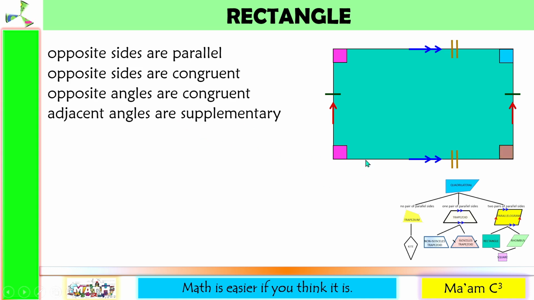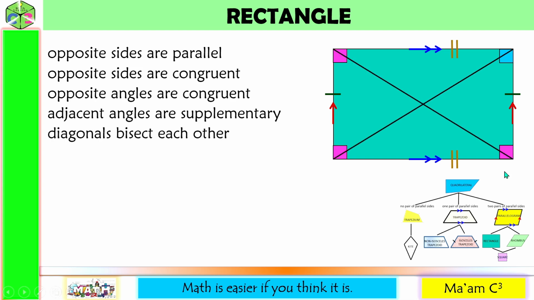Same thing with these two here. Another one, diagonals bisect each other. So if we create diagonals like this, then they bisect each other. So meaning this one is congruent to this side, this one too with this one. And since this is a rectangle, then all bisected diagonals are congruent.